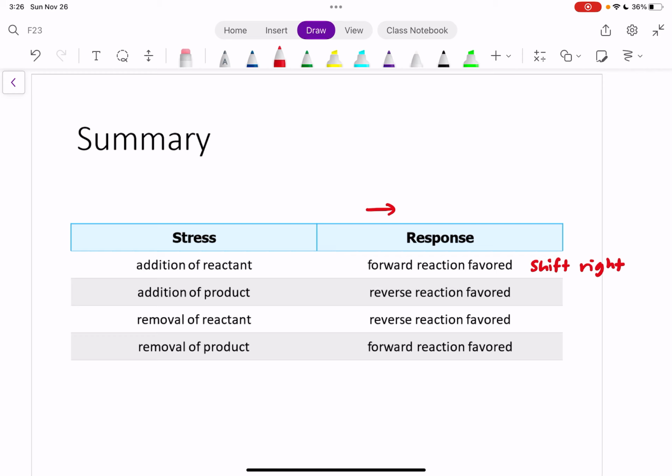Now, if we add some more of our products, then our reverse reaction is going to be favored, or we're going to shift left. If we remove our reactant, it's the opposite, and we're going to favor the reactants, shift left. And if we remove a product, we're going to shift right, because our forward reaction is going to be favored.